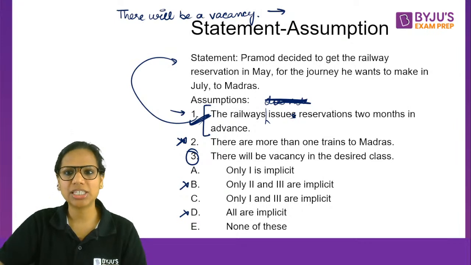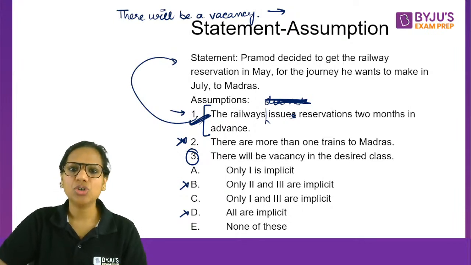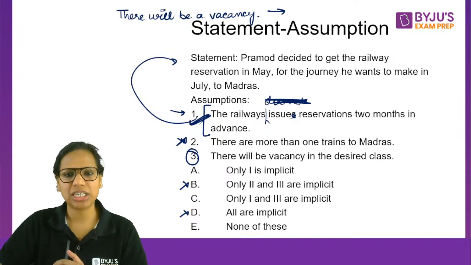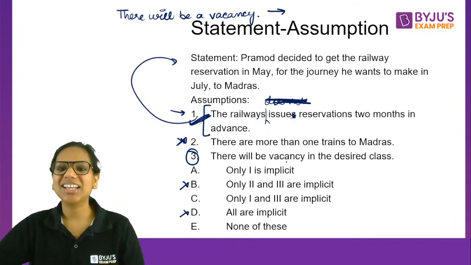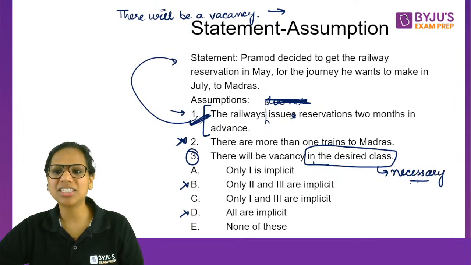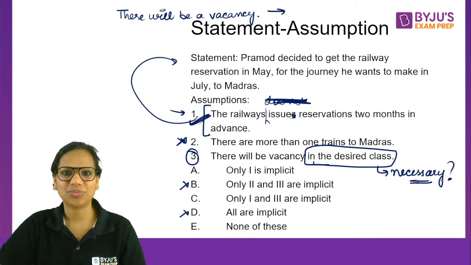Pramod decided to get the railway reservation in May for the journey he wants to make in July to Madras. So yes, Pramod thinks that he will get a reservation, that there is some vacancy. But there will be vacancy in the desired class. Is making this assumption necessary?